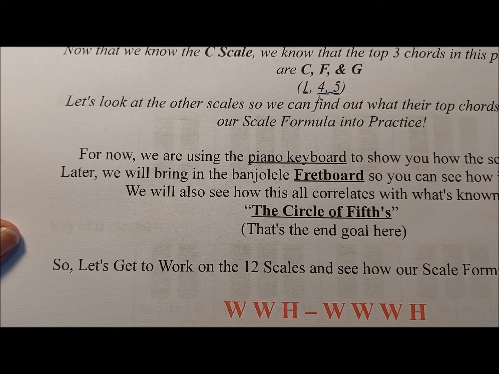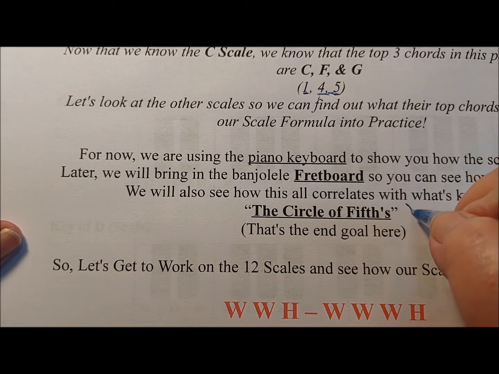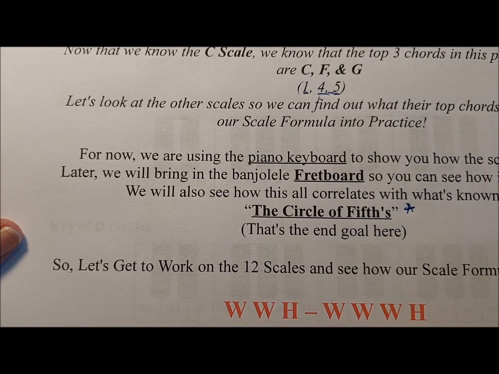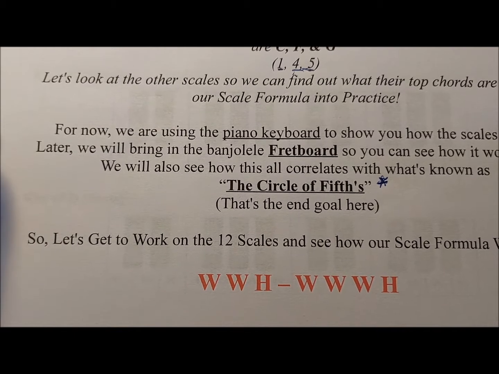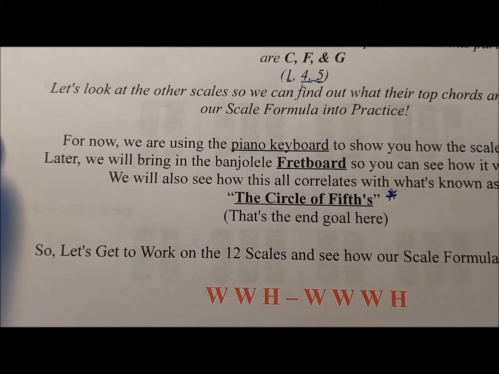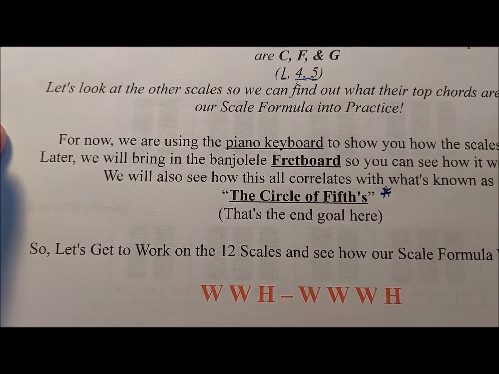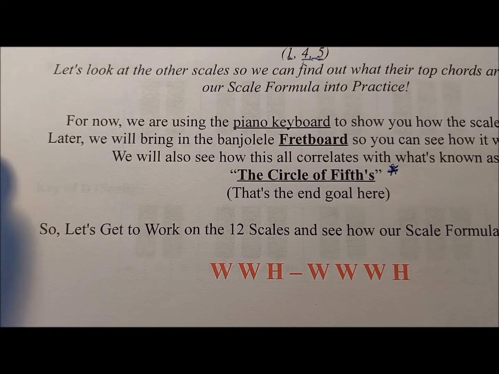We will also see how this all correlates with what's known as the circle of fifths. But that's our end goal. We'll do that at the end, because once you know how the scales are set together, then you'll understand why the circle of fifths is the way it is. And there's a lot of secrets with the circle of fifths that I haven't heard people talk about, and it bugs me. So hopefully you'll catch it easier.